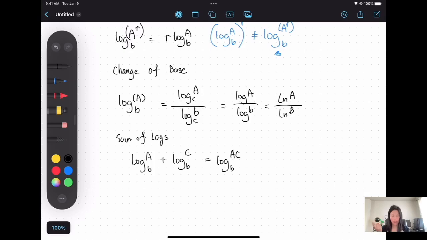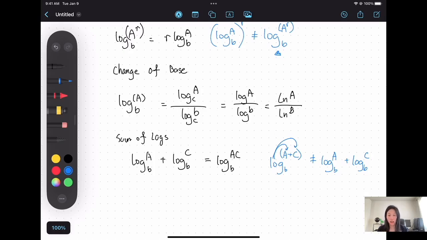Multiplication, so that means addition becomes multiplication. Remember that log base b of a times c is not equal to log base b of a plus log base b of c. This is not distribution. It doesn't work in that way.